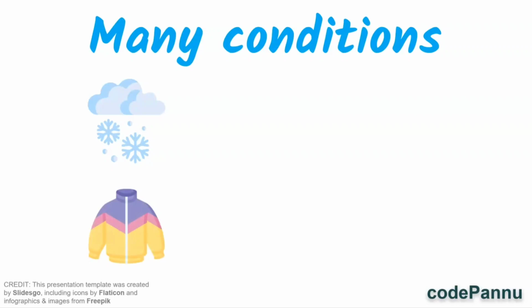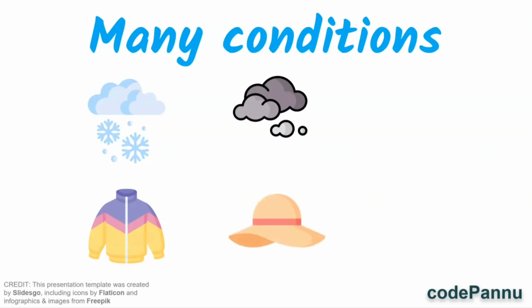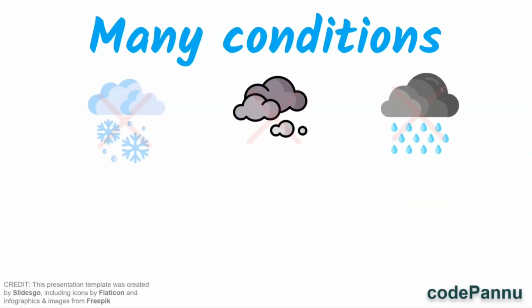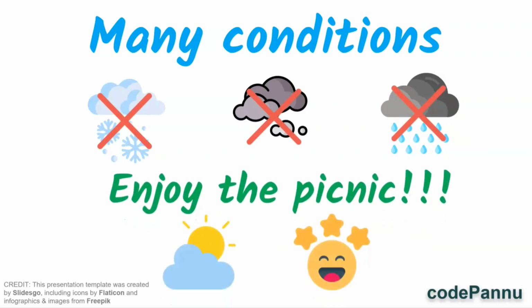The next condition is if the weather is cloudy, then it should recommend us to take a hat. And if the weather is rainy, then it should recommend us to cancel the picnic. And if all these conditions fail, Python should recommend us to enjoy the picnic, saying the weather is very nice.